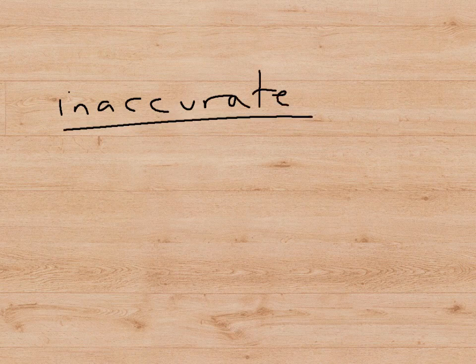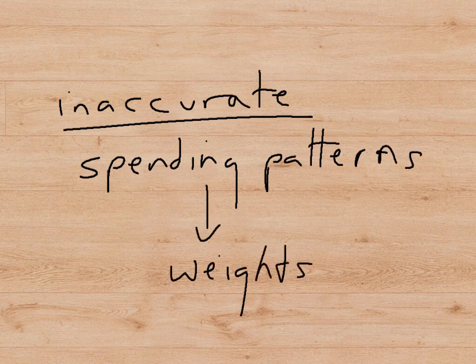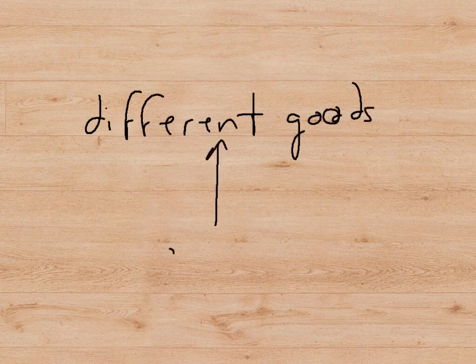This reflects the spending patterns. This can be because of the changing spending patterns of households, which means that we have to apply different weights when calculating the weighted average. It also means that different households may be buying different goods over a period of time, and the people who decide which goods to include may be slow to catch up with the different goods which people are buying.